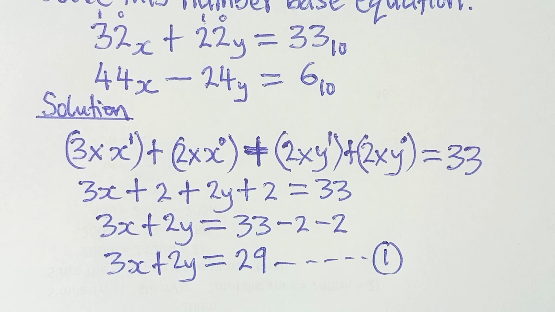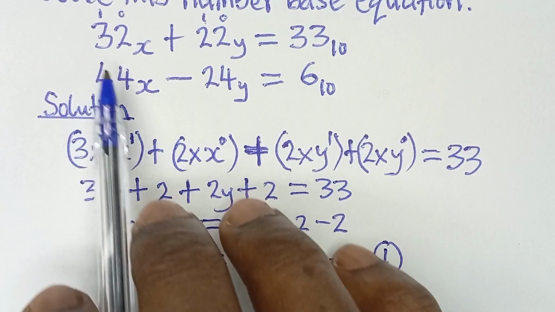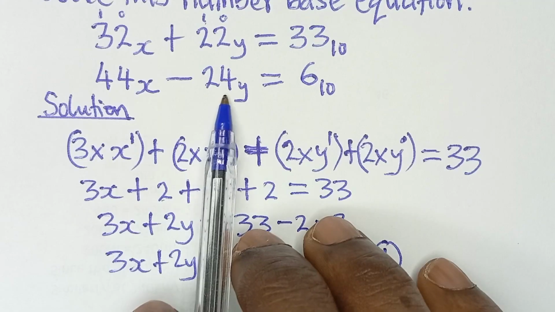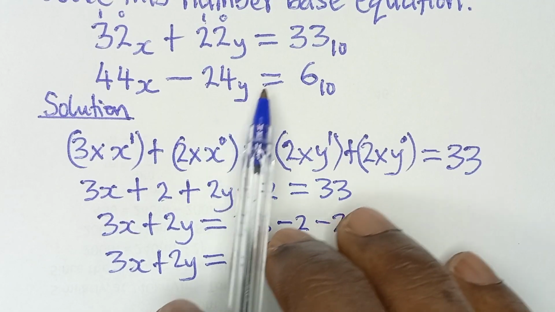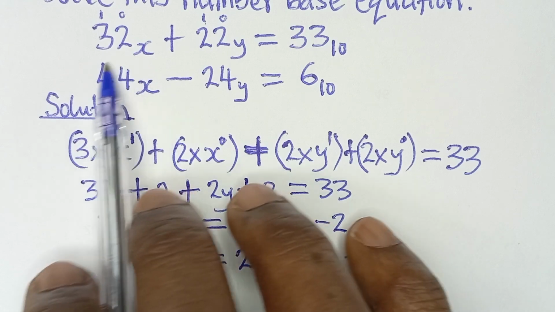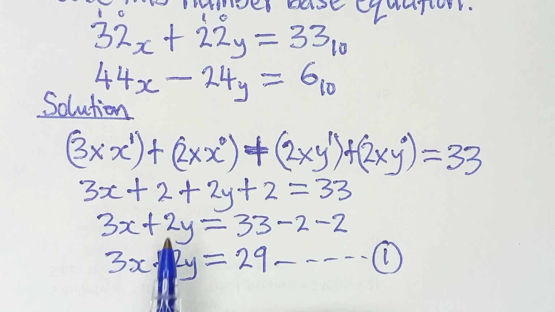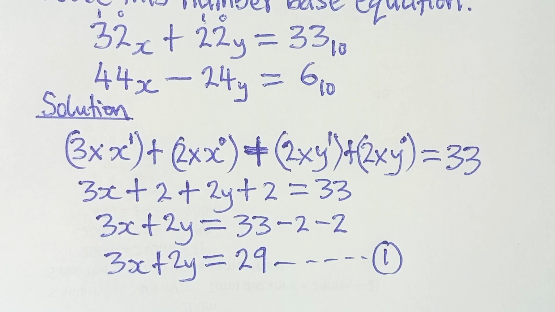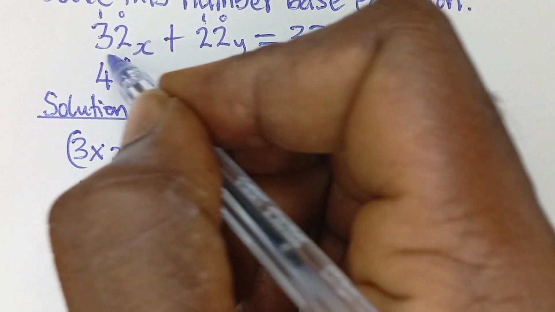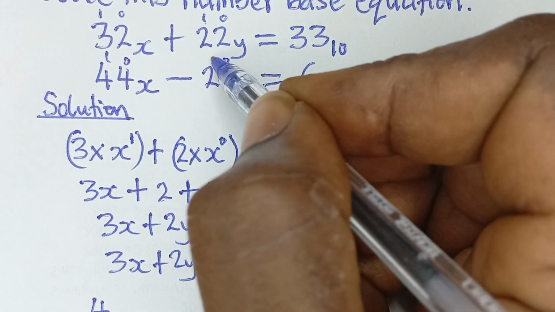Now let's look at the other part of the question. That is the second part, which is 44 in base x minus 24 in base y is equal to 6 in base 10. So we're also going to convert this to base 10, just as we did to the first one. So that becomes 4. Don't forget, this is 0 and 1, just as this is also 0 and 1.